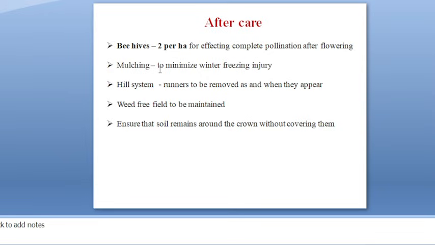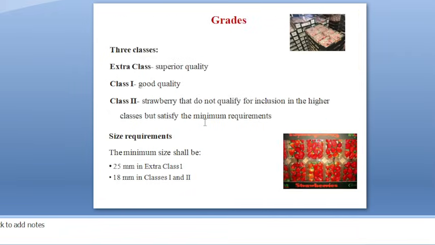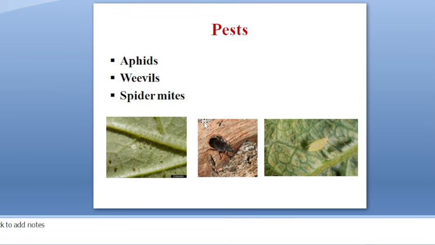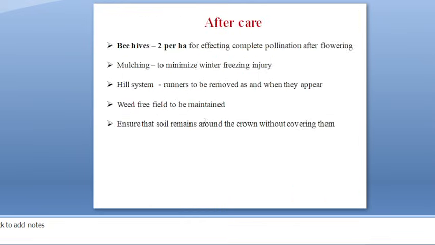Mulching also we can follow, mainly to avoid the freezing injury problem. Then we have to do the weeding, and there should not be overcrowding, that also we can avoid. So beehives we can keep.